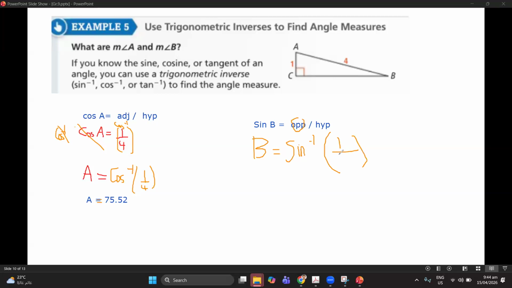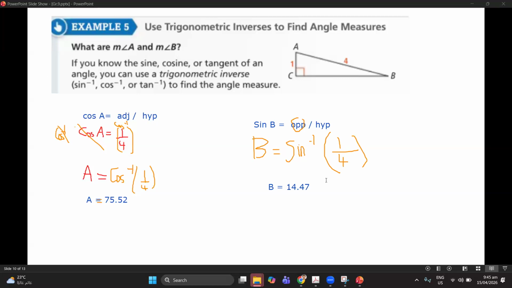What is the hypotenuse? 4. Now, by the calculator, sine inverse of 1 over 4 will be? 14.47. Excellent. So angle B is 14.47. Is it clear? Yes.